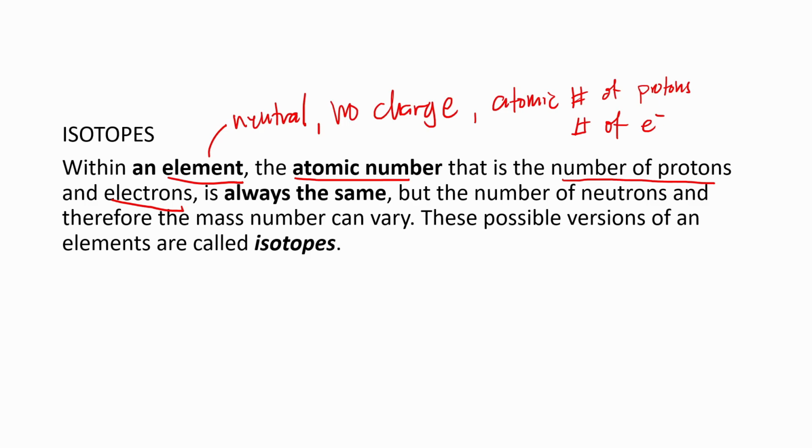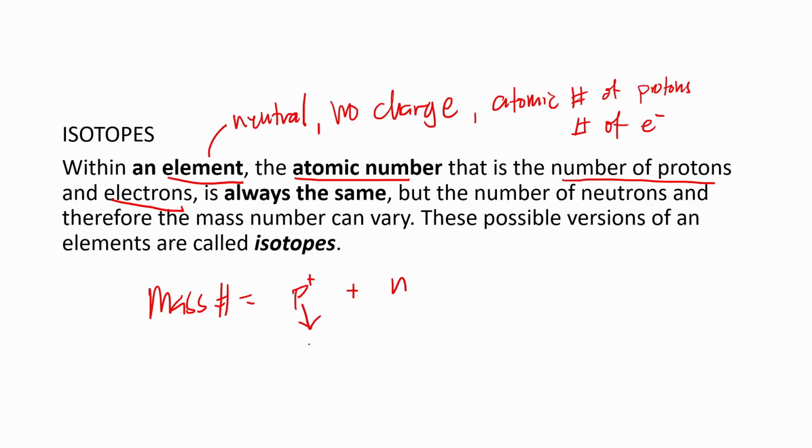Okay? An element will always have the same atomic number, but the number of neutrons can vary. If you have different numbers of neutrons, the mass number varies because our mass number, if you recall, equals protons plus neutrons.